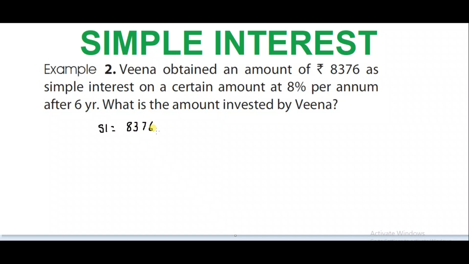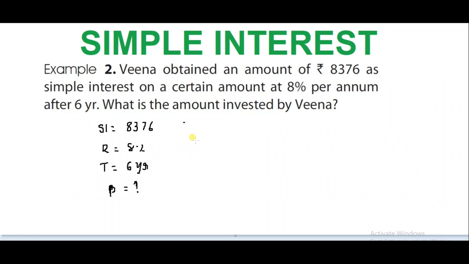Next, at 8% per annum, given rate equal to 8%. After 6 years, so time equal to 6 years. Next, we need to find out what is the amount invested by Veena. Amount invested means we need to find out principal equal to how much.